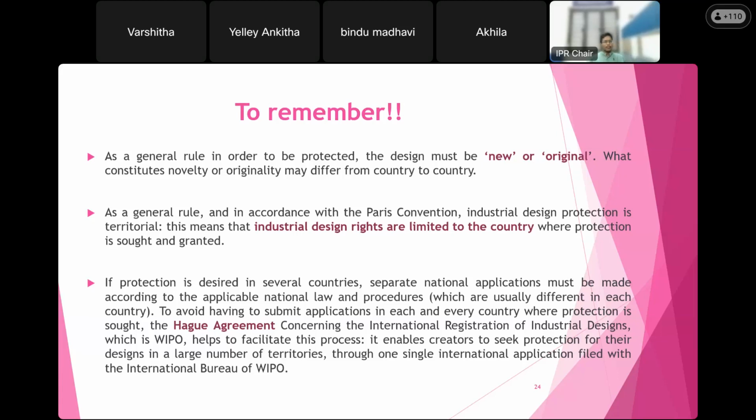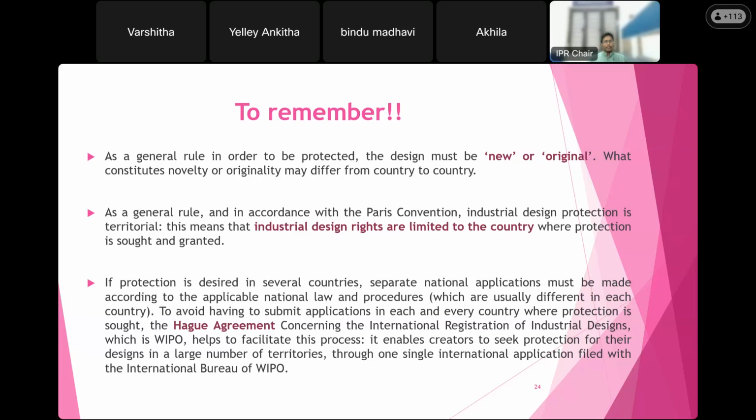For that, WIPO, the World Intellectual Property Organization, has come up with one agreement, the International Hague Agreement on designs. It will facilitate you to file your design. If you file your design, your priority date will be protected in all the convention countries of the Hague Agreement. Through a single application, you are launching your application in all the countries.